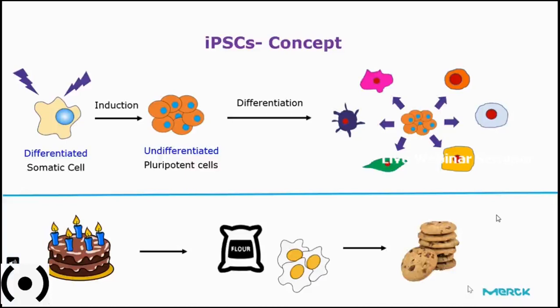Already differentiated somatic cells can be converted back into undifferentiated pluripotent cells, and those can give rise to all other body cell types, right? So this is the basic concept of induced pluripotent stem cells. I hope you understand the concept now.